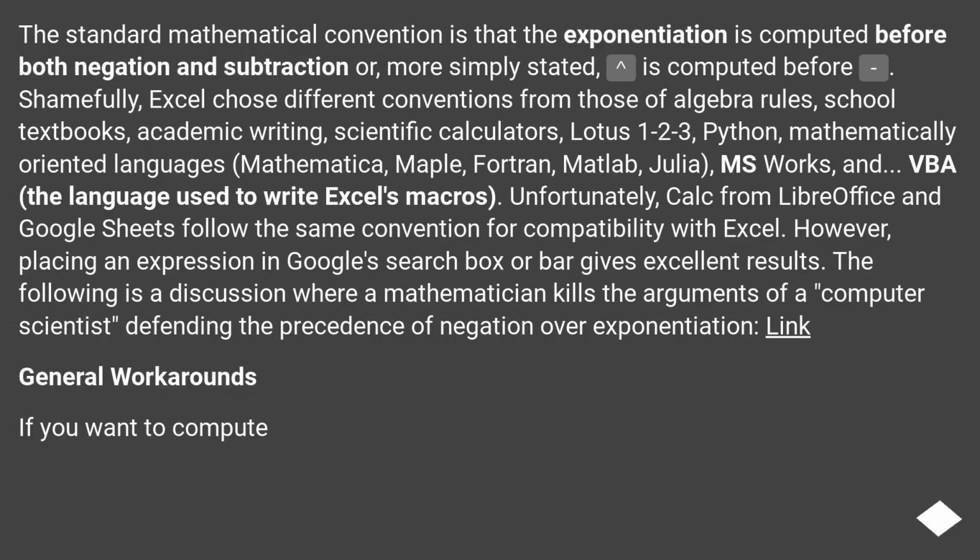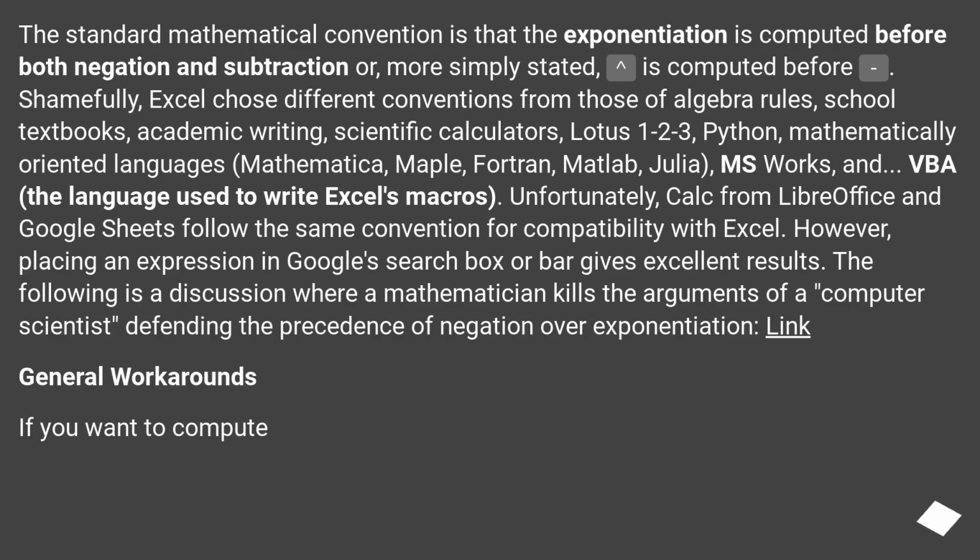Shamefully, Excel chose different conventions from those of algebra rules, school textbooks, academic writing, scientific calculators, Lotus 123, Python, mathematically oriented languages, Mathematica, Maple, Fortran, MATLAB, Julia, MS Works, and VBA, the language used to write Excel's macros.